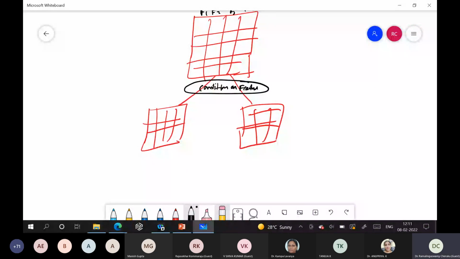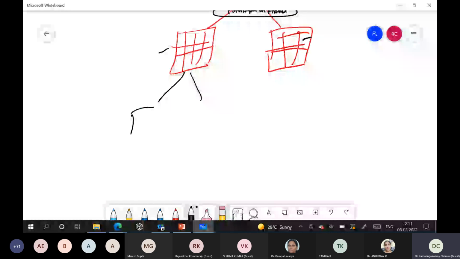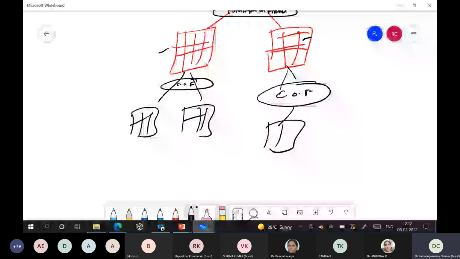Once you keep some filter or condition on top of the feature, you can partition your data set. Then you will partition again by keeping some condition on a feature.